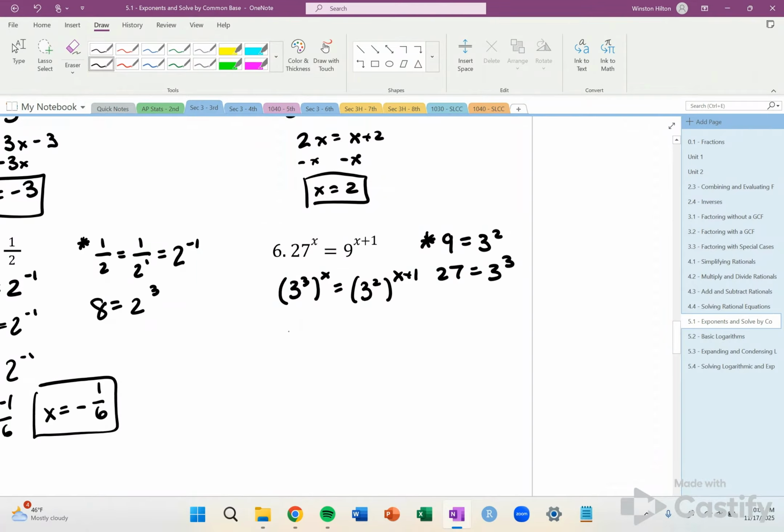Multiply those powers, we get 3 to the power of 3x equals 3 to the power of 2x plus 2. Drop the bases, subtract 2x, x is equal to 2.